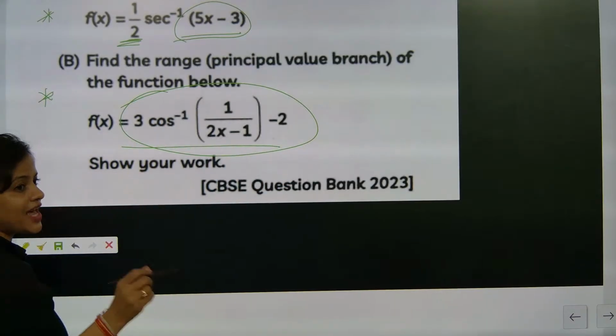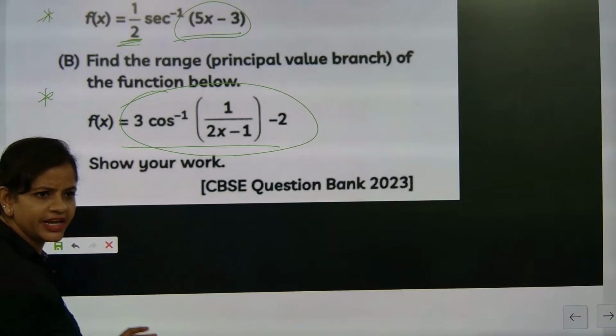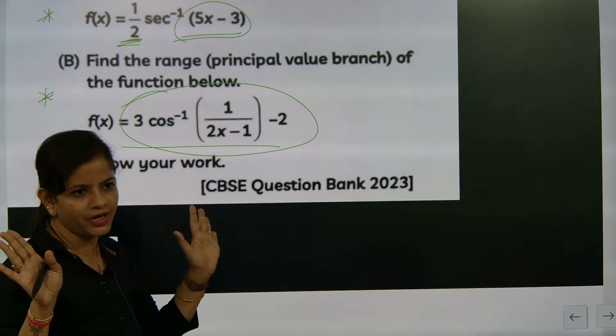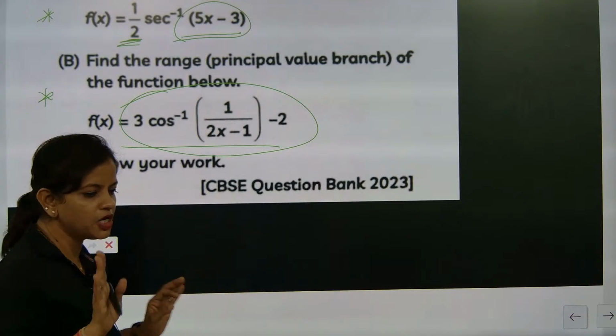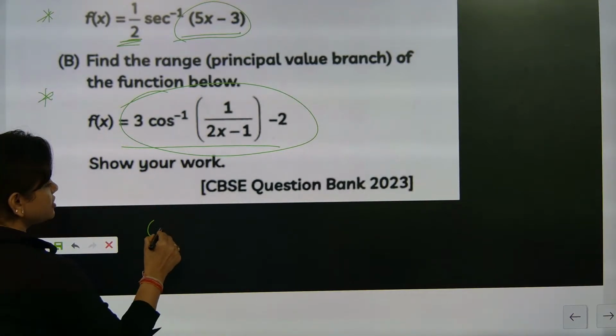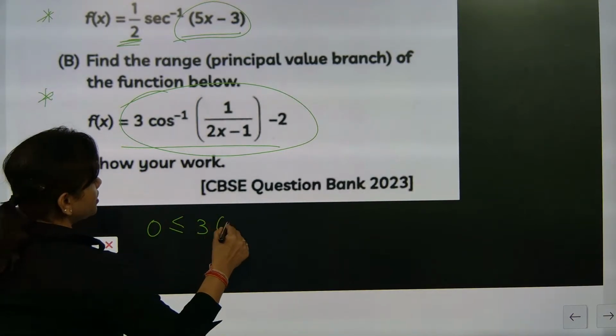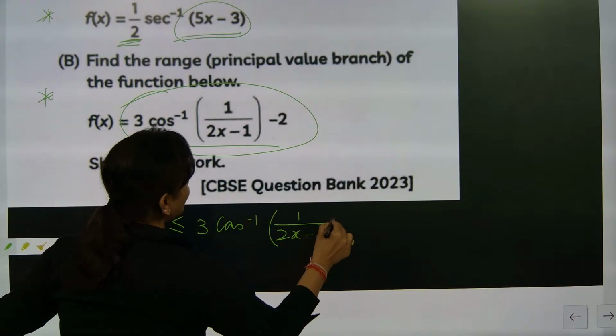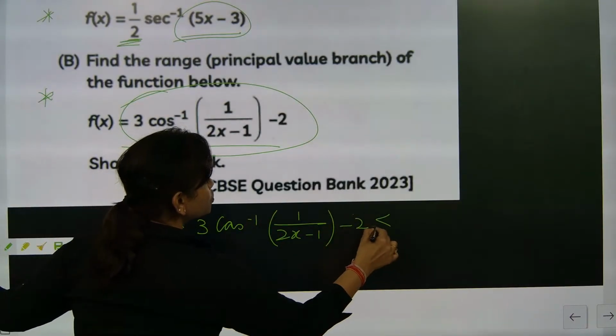See, listen. Whenever they ask for the range, whatever question is there, you put it between the principal domain, principal value, principal range. So here the range is 0 to pi for 3 cos inverse of 1 by 2x minus 1, minus 2.